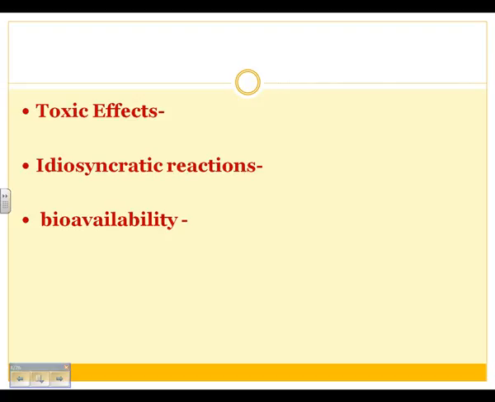Bioavailability just means how much of that drug gets to where it's supposed to go. Is that better? That's a little bit easier now. So basically, the ability of that drug to get where it needs to go, which is the receptor site, or that site of action.